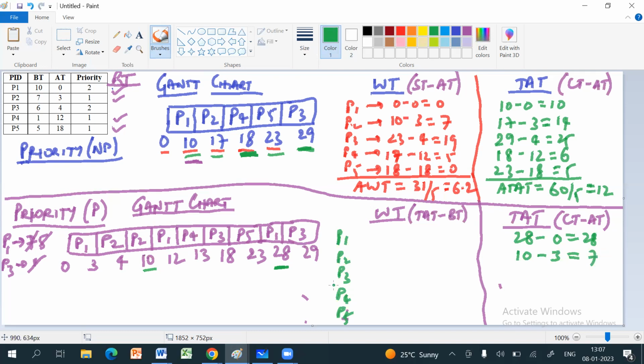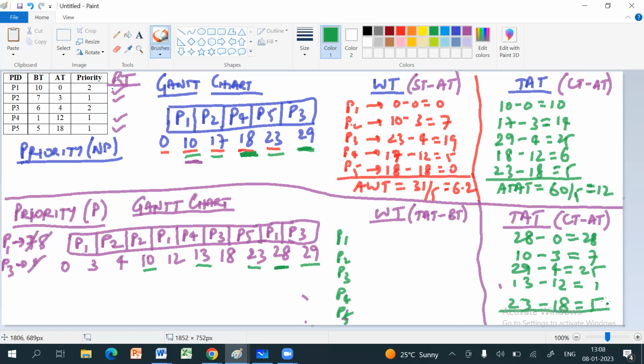Then followed by P3, P3 completed at 29, so 29 minus its arrival time 4, which comes to 25. Then P4 completed at 13, so 13 minus its arrival time 12, which is equal to 1. Then followed by P5, P5 completed at 23, so 23 minus 18, which is 5.